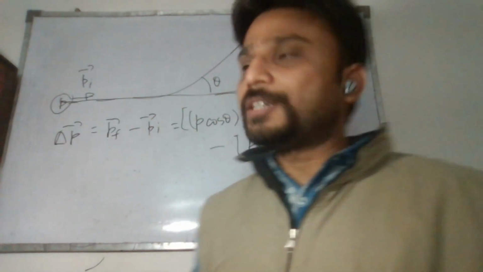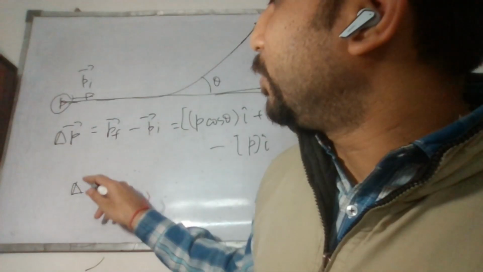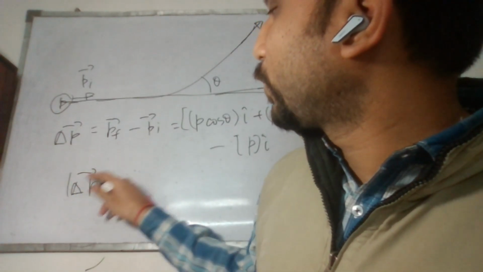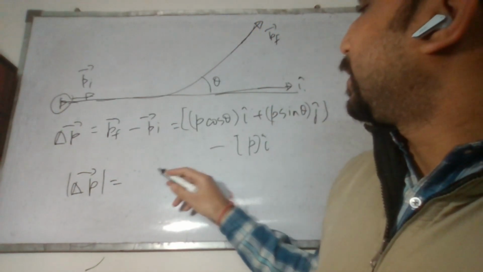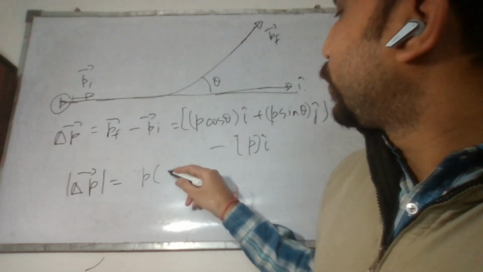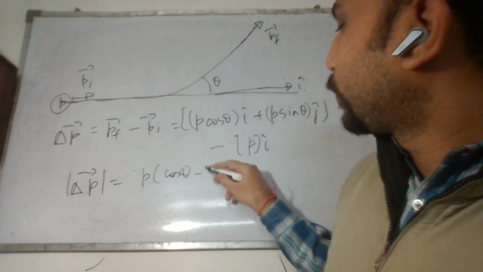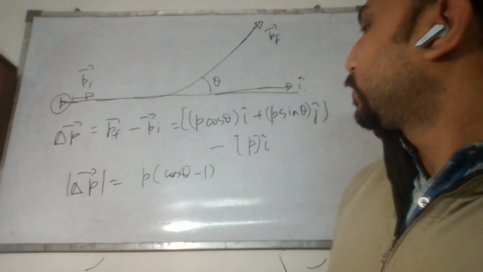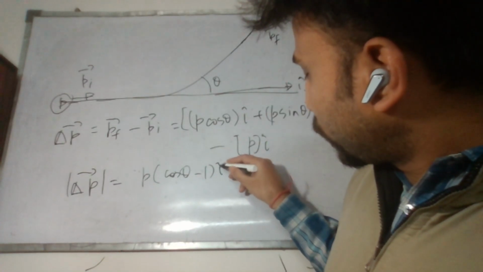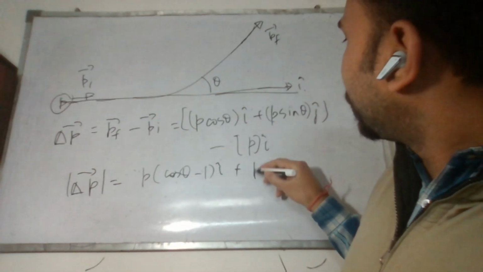We can calculate the magnitude of change in momentum, delta P. It is P (cos theta minus 1) i cap plus P sin theta j cap.